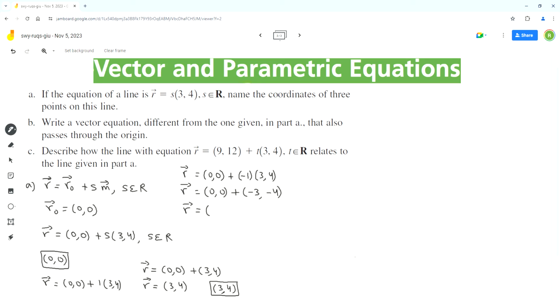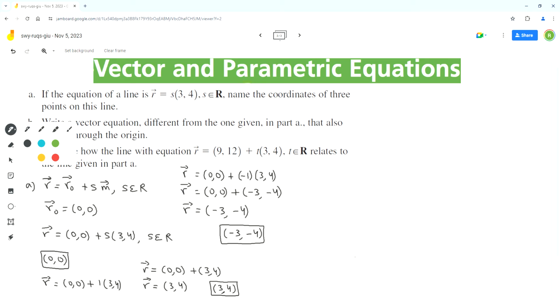So 0 plus -3 is -3, 0 plus -4 is -4. So the third point that lies on this line is -3, -4. So these are the 3 points that lie on this line.